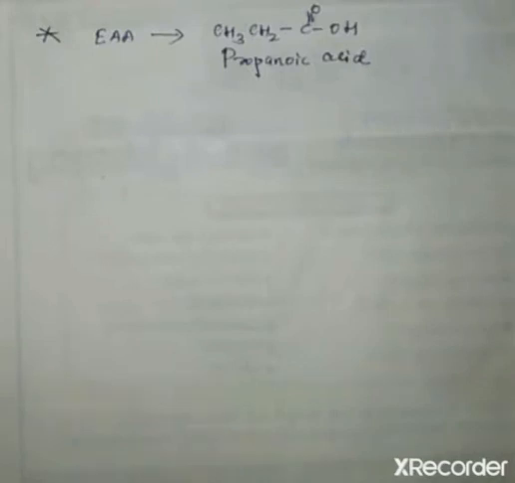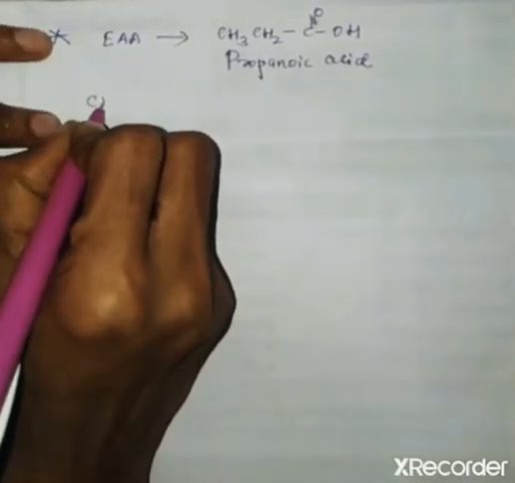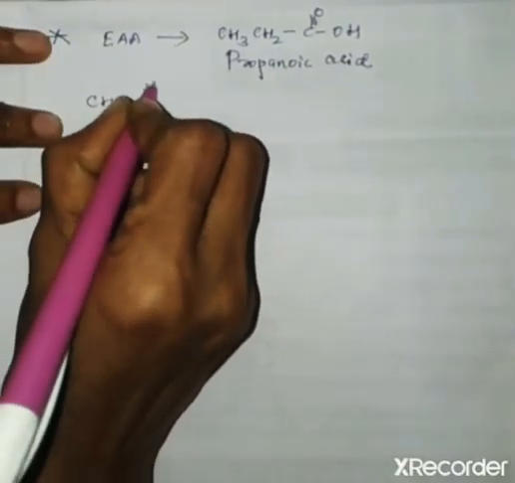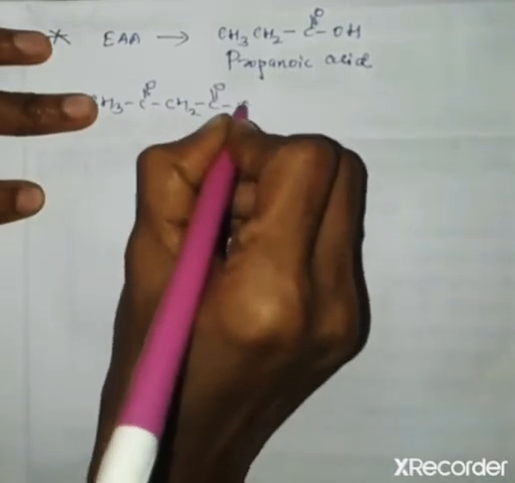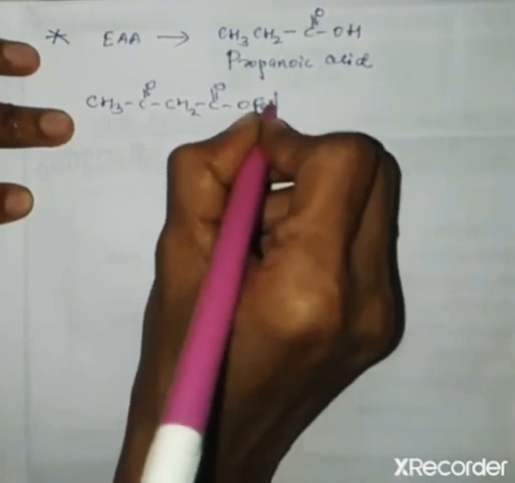And one more thing: in the resulting carboxylic acid, 2 carbon atoms come from the starting compound, that is ethyl acetoacetate. The ethyl acetoacetate we are familiar with is CH3 C double bond O, CH2 C double bond O, OEt.